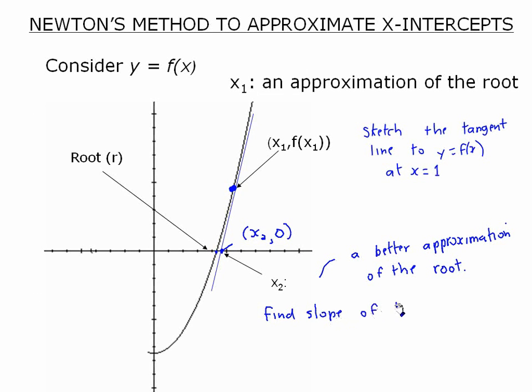So the next step is to find the slope of the line, the tangent line, that's passing through x1, comma, f of x1, and x2, comma 0. So I'll get some space to work here.